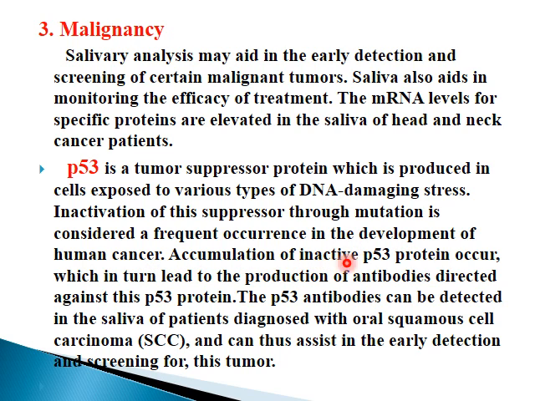Accumulation of inactive P53 protein occurs, which in turn leads to the production of antibodies directed against this P53 protein. The P53 antibodies can be detected in the saliva of patients diagnosed with oral squamous cell carcinoma and can thus assist in the early detection and screening for this tumor.